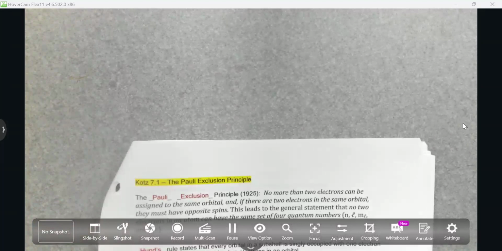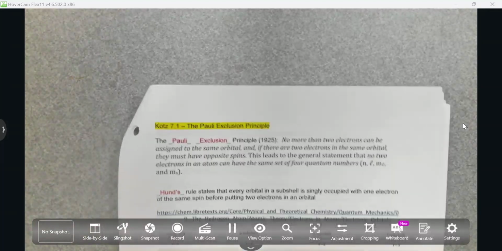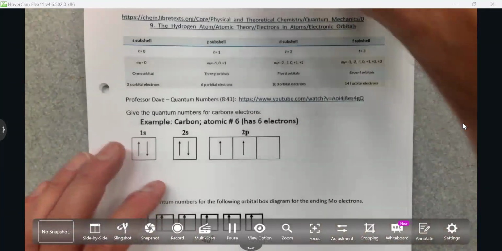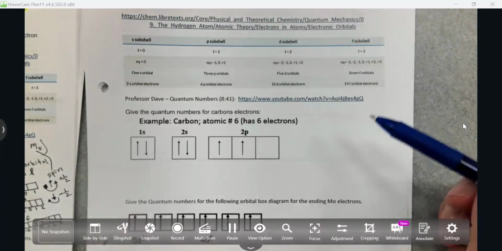We are now going to do quantum numbers. I'm going to go right down here to outline that. I can explain quantum numbers here in about 14 minutes. I think we'll be pretty good with quantum numbers.